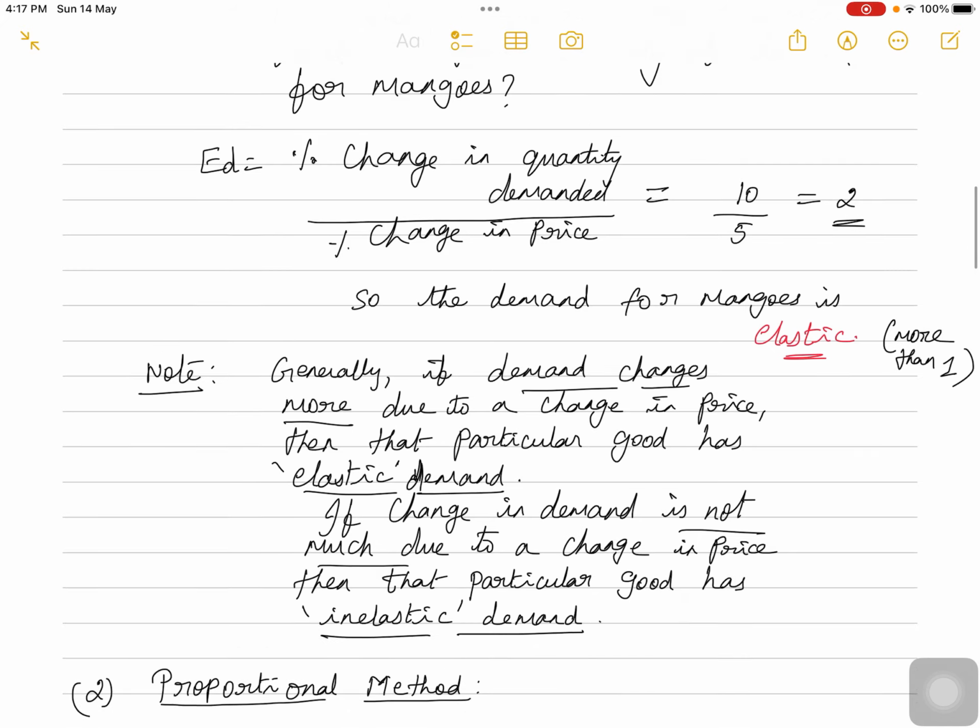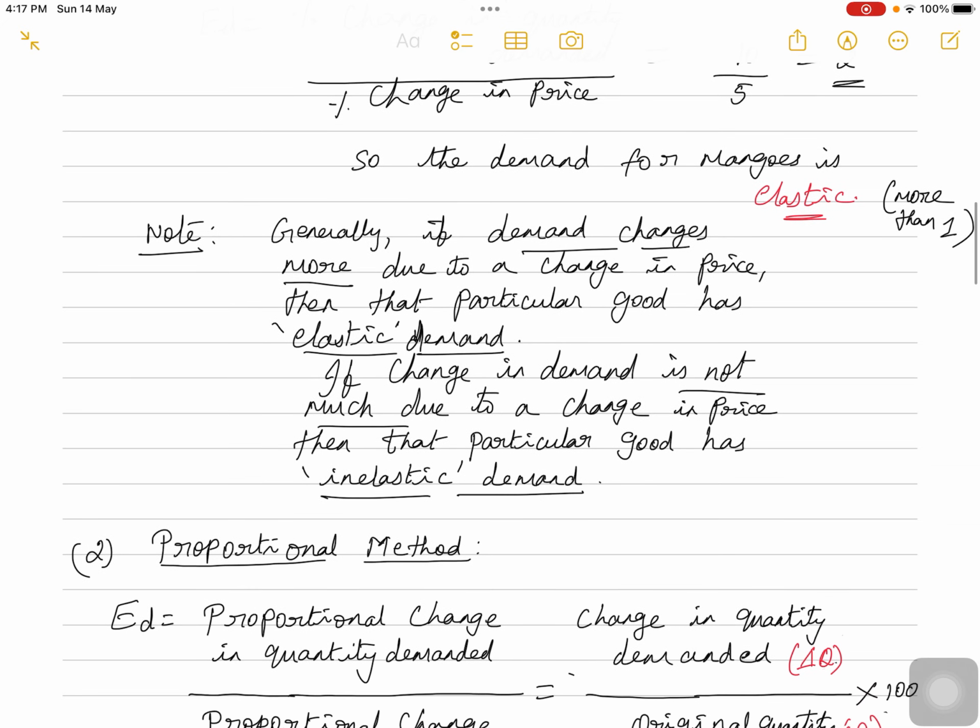Generally, if demand changes more due to a change in price, then that good has elastic demand. On the other hand, if the change in demand is not much due to a change in price, then that good has inelastic demand. So more change in demand is like a rubber band, less change in demand is like a thread.